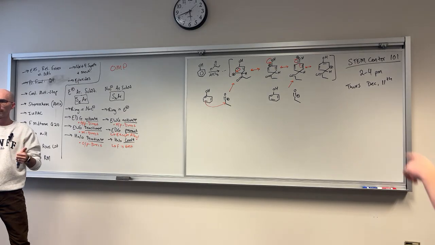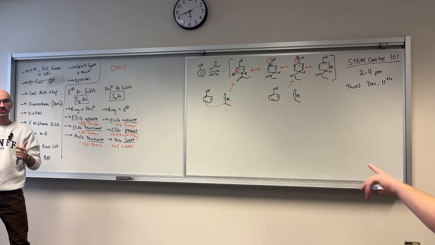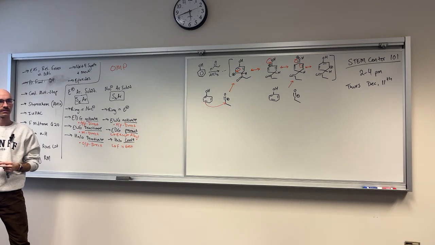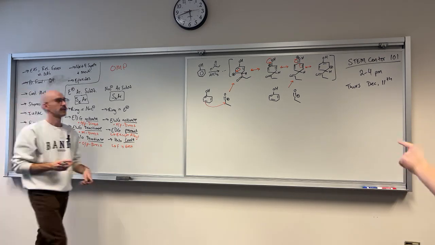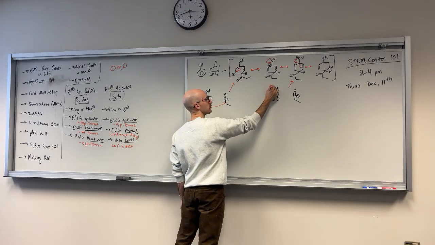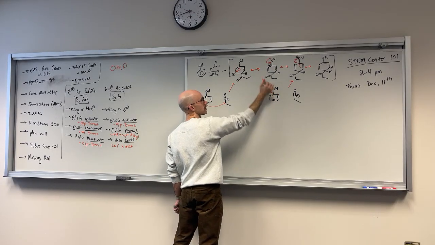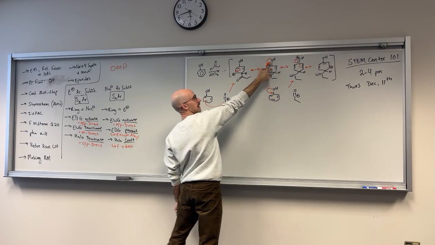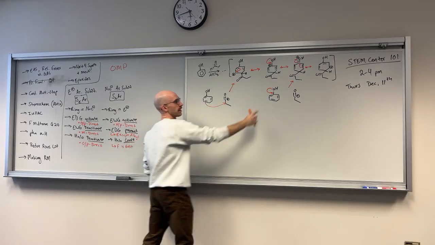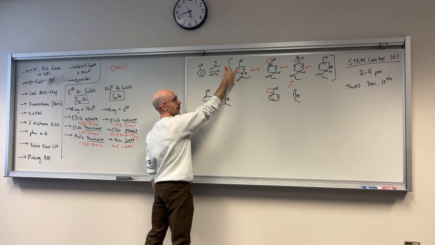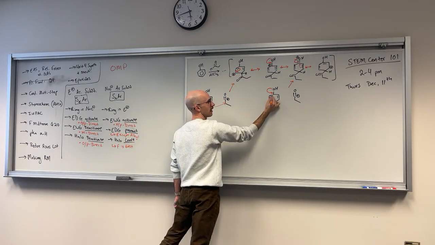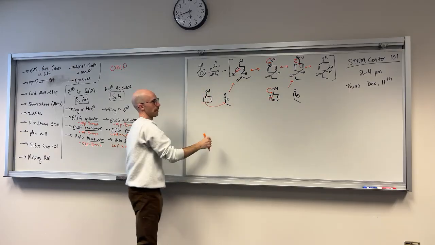Do you see what bonds need to be made? Do you see what bonds need to break? Oxygen still shares its lone pair, much like it did in this resonance form. The top pi bond needs to come over, much like it did in this second resonance form.